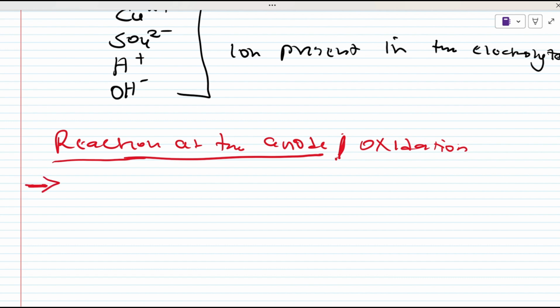So the first thing that happens is when electric current flows in the system, because the anode is positively charged, I'm going to have sulfate ions and hydroxide ions moving to the anode.